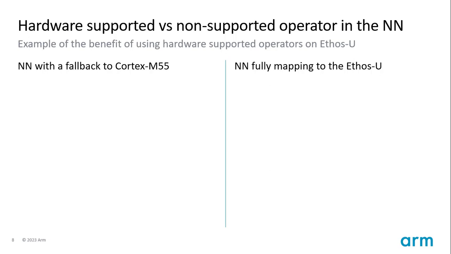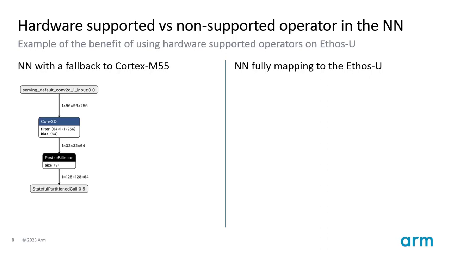So I'm going to define a simple neural network here. I have a convolution 2D, and I have a resize bilinear. Please take a look at the resize bilinear operator. I'm passing from 32 by 32 height and width straight to 128 by 128, so I'm doing upscaling by 4x.